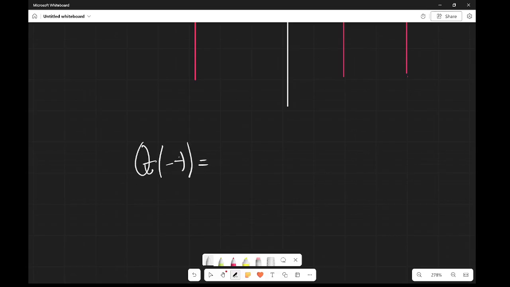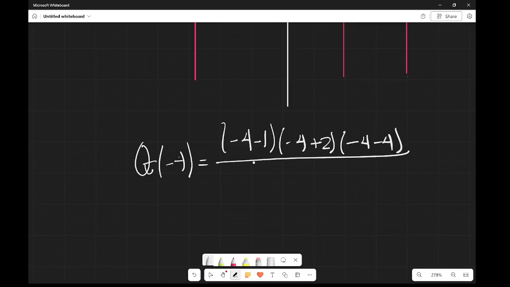If I plug it into our function, so we had x minus 1, x plus 2, and then x minus 4, dividing through by the denominator function and substituting x plus 3, x minus 2, x minus 4.